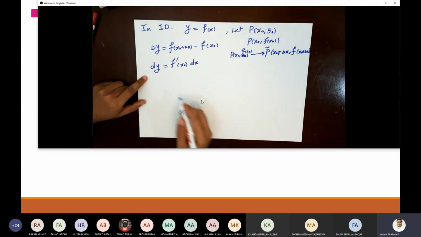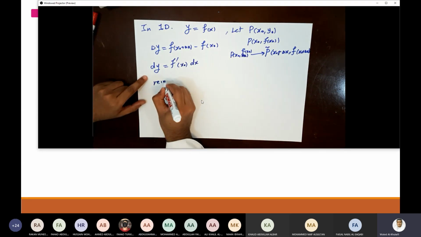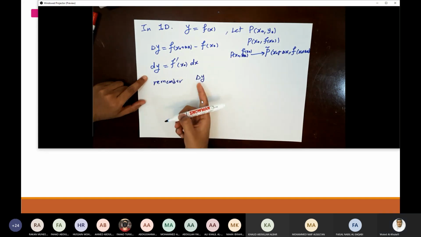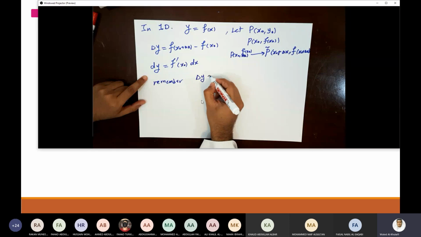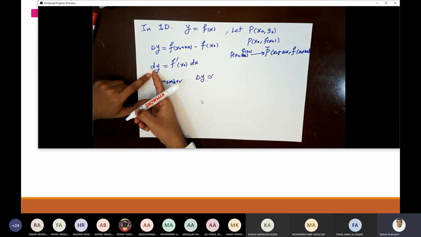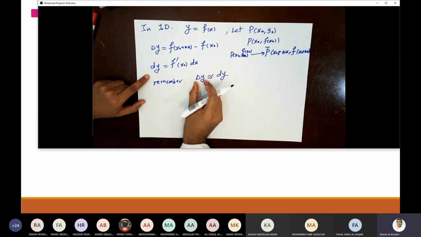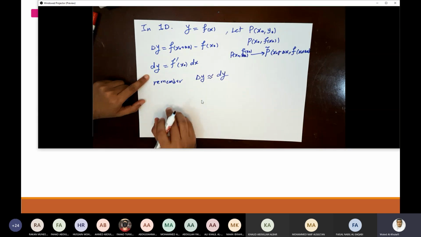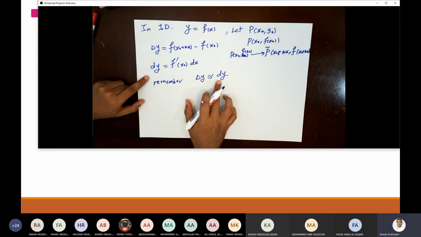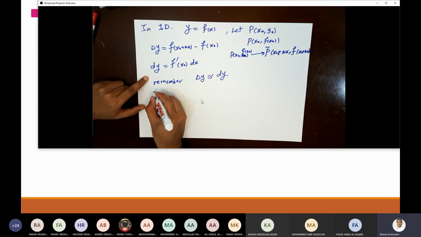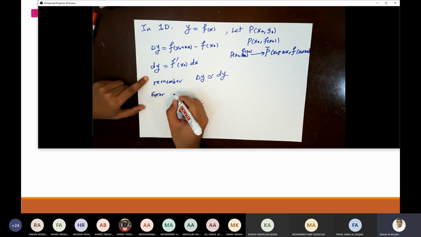Do you remember that if I want to find the change in y, I approximate it by dy? When I say approximate, there will be an error. So let's call it the approximation error.